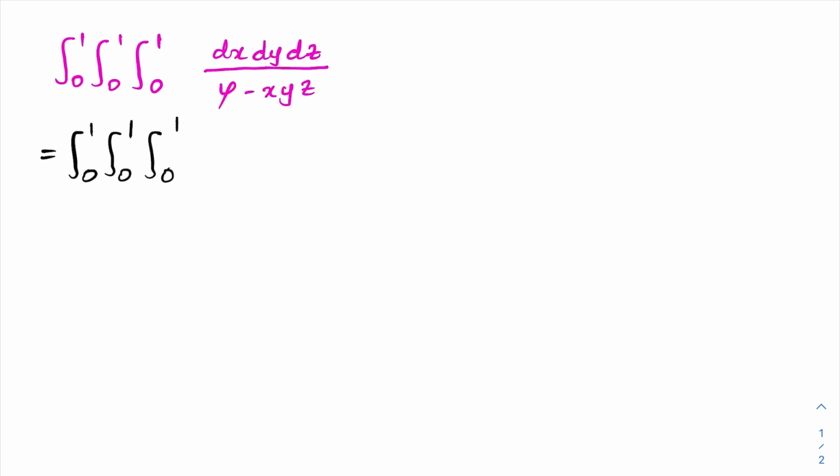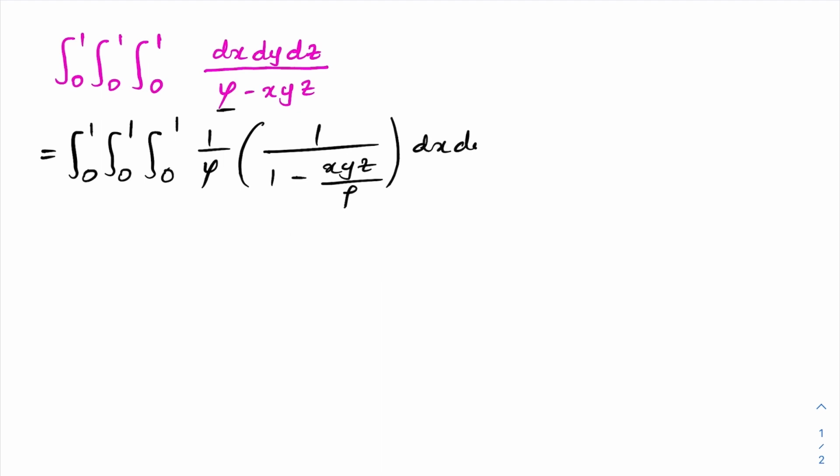Now we have a constant phi, the golden ratio, so I am going to take 1 over phi as a common factor. So we have 1 over phi times 1 over 1 minus xyz over phi, dx dy dz.